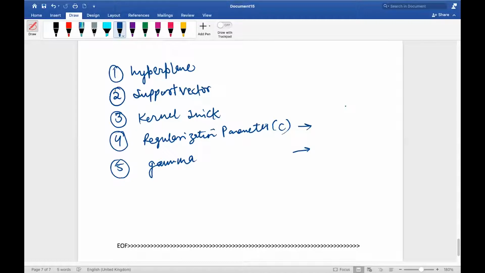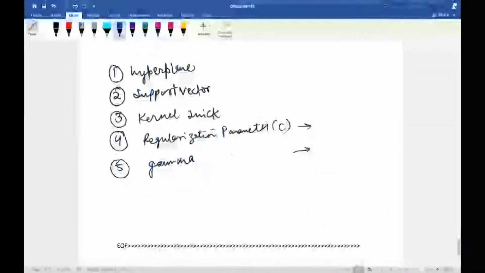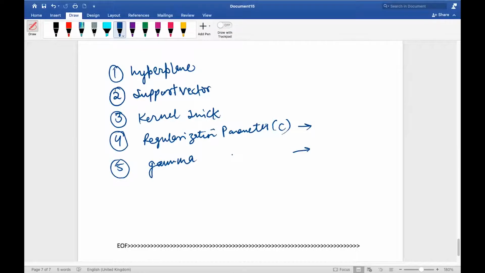the smaller the margin classifier, and the model is overfitted. In gamma, low and high value, whenever I talk about gamma, if the gamma is high, it means considering only nearby points. And if low gamma, it means far away points are also considered.